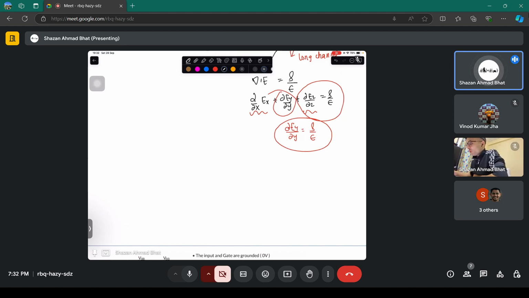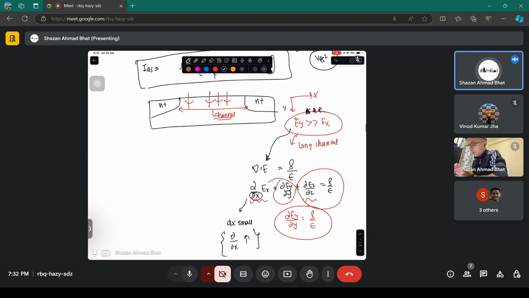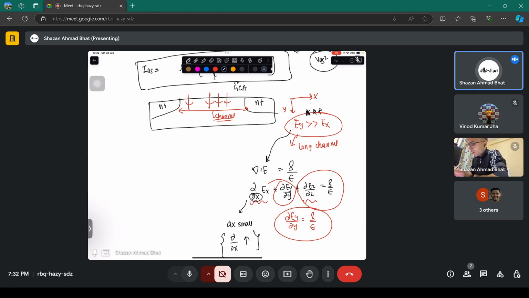If the channel becomes short, that means dx becomes small, so dou by dou x becomes huge. The change in this particular thing becomes huge. Then you cannot use this approximation, the gradual channel approximation.